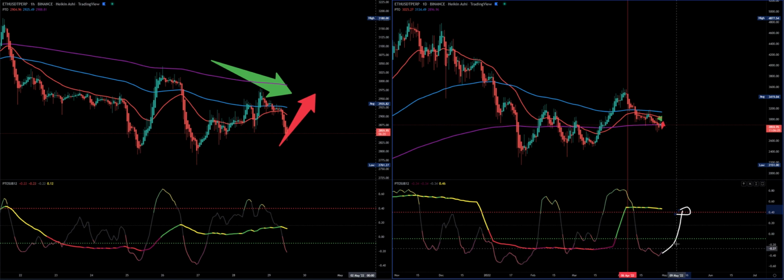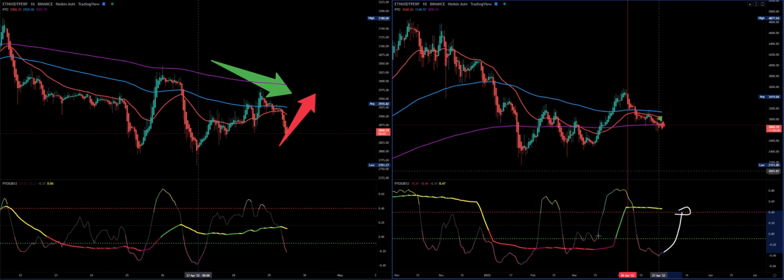To have it, we have to have this line start to get the color maroon. Until we see the maroon here, the price is going to travel at the bottom.